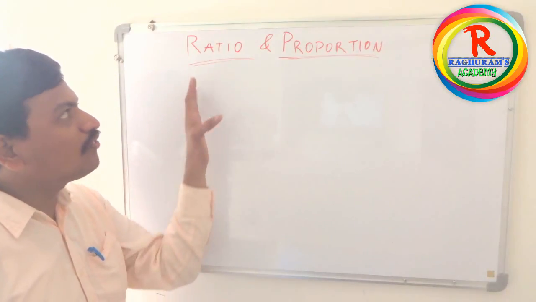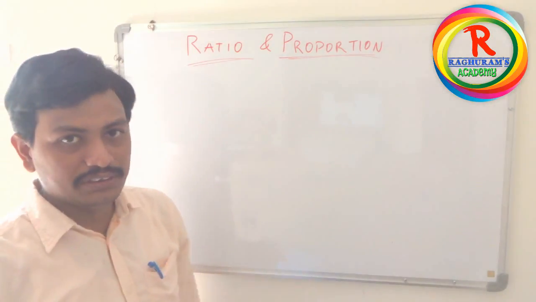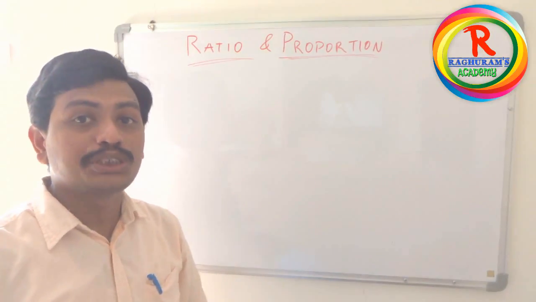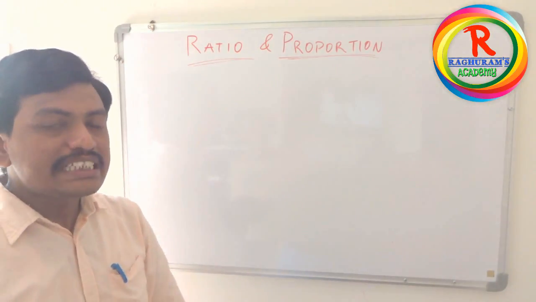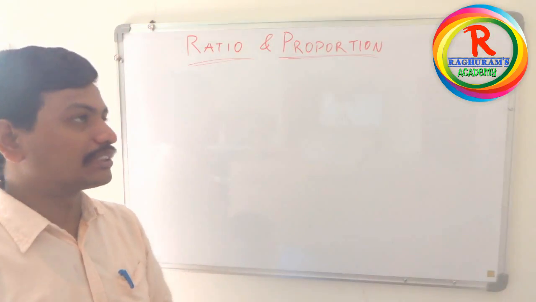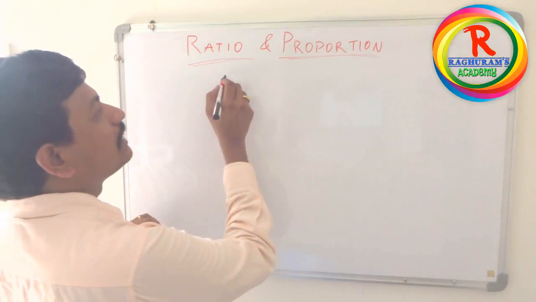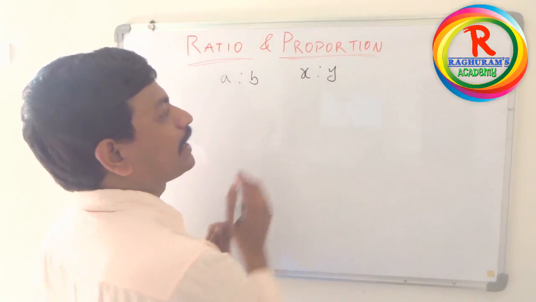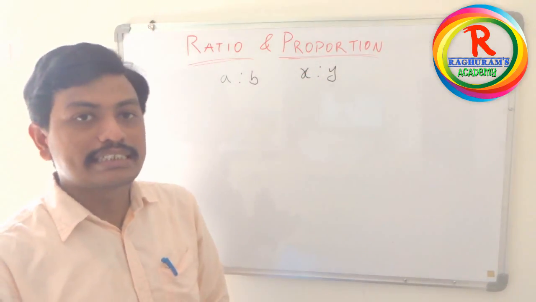We have seen the meaning of ratio and types of ratios. Now let us come to proportion. What is a proportion? Proportion is the equality of two ratios. So I can take two ratios, a is to b and x is to y. Suppose the two ratios are same.